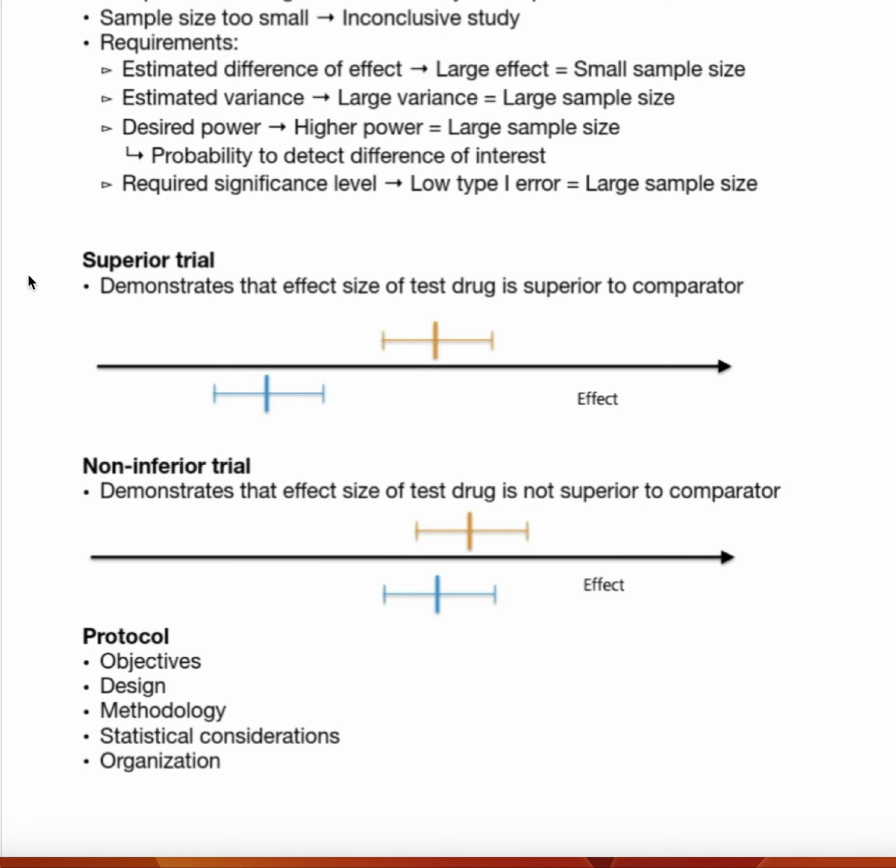And there are two types of trial. Actually, we have the superiority trial and we have the non-inferiority trial, and you may think they are similar to each other. A superiority trial demonstrates that the effect size of the tested drug is superior to the comparator. And the non-inferiority trial demonstrates that the effect size of the tested drug is not inferior to the comparator.